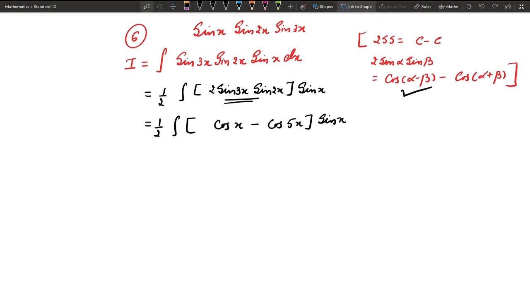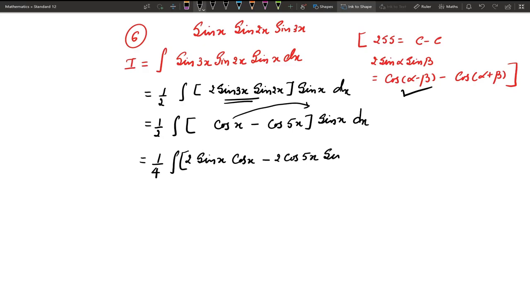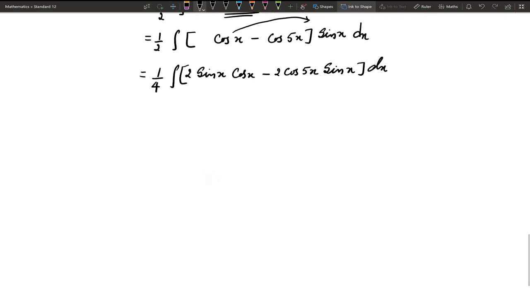Again multiply by 2 and divide by 2, so 2 twos are 4. Here expand the bracket: 2 sin x cos x, this into this, minus 2 cos 5x sin x dx. So 2 sin theta cos theta is sin 2 theta. So integration of sin 2x.